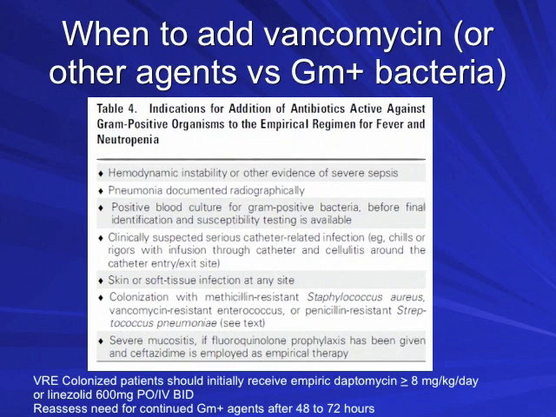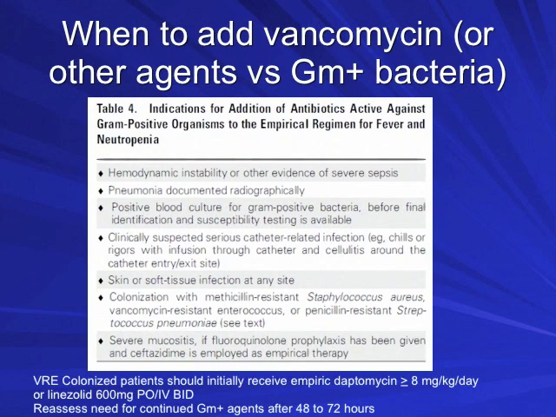Vancomycin, we used to add in practically everyone with a neutropenic fever. Now, consistent with the latest IDSA and NCCN guidelines, we ratcheted that down to those patients who are hemodynamically unstable or have pneumonia documented radiographically, so we have extra MRSA and strep pneumo coverage. Positive blood cultures for gram-positive bacteria before we have the final identification and susceptibility.